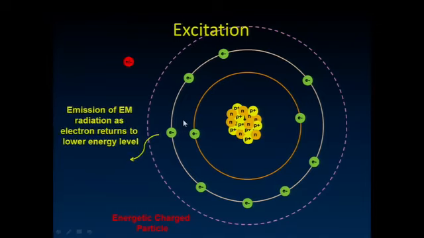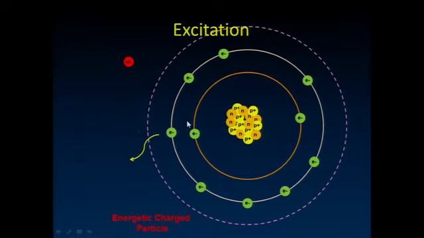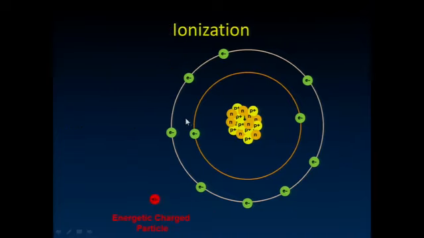It may give off some emission of radiation as it returns to that lower level, and this is usually in the infrared range. So this is heat. This excitation results in heating, and the vast majority of the interaction in human tissues results in this occurring, frankly, in most materials.